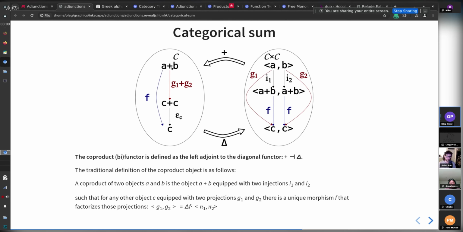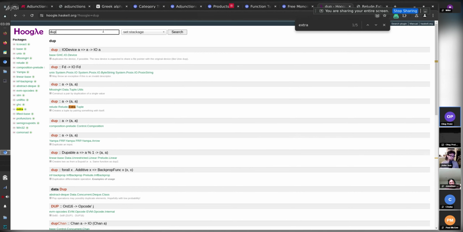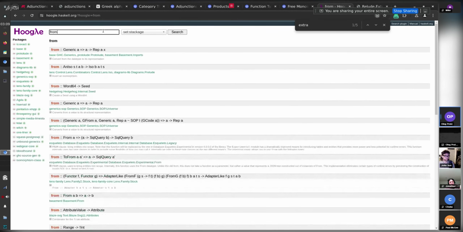So essentially Either, or any type with two constructors and one field in each of them, right? And so in Haskell, you do have a function from Either C and C to C. It's called, I think, fromEither. Also from Data.Extra.